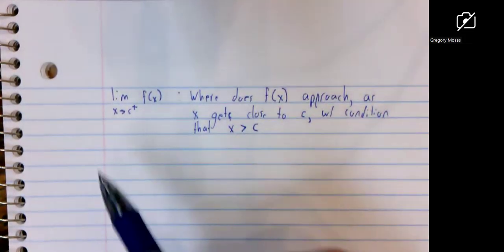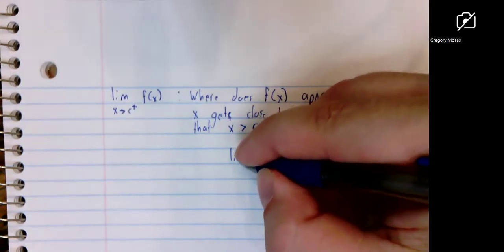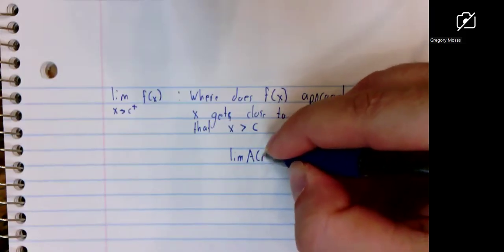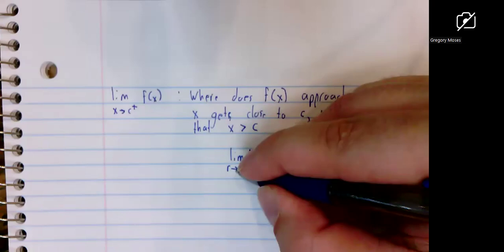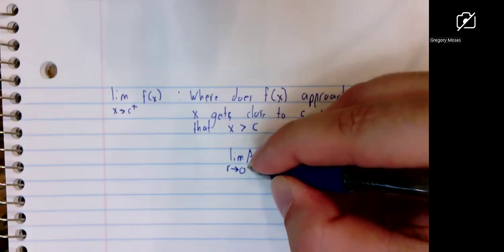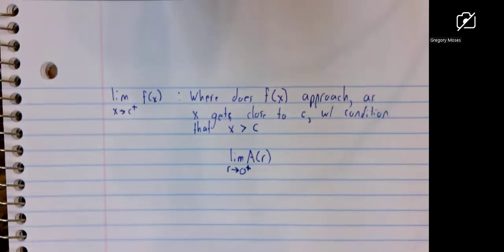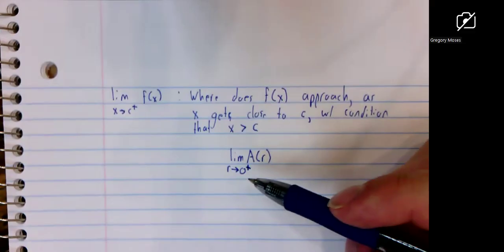And in the problem on the previous page, we were really looking at a limit like this. We were looking at the limit of the area function. We were letting r approach 0, but we had the additional constraint that r is greater than 0.